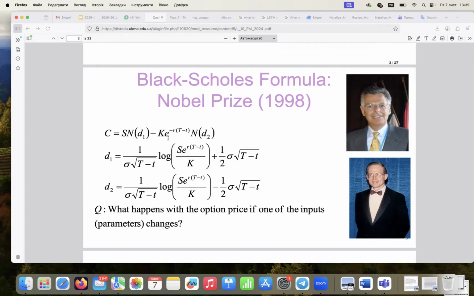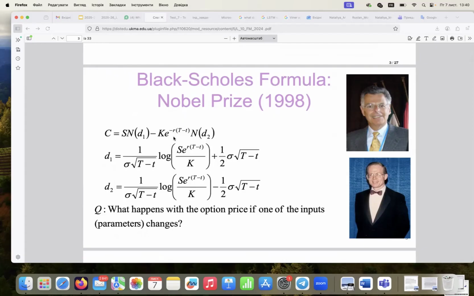It should be the strike price. First, yes, the strike price K is the first parameter. The next, we have the time to maturity of the option, T. The third parameter, R, is the risk-free interest rate.